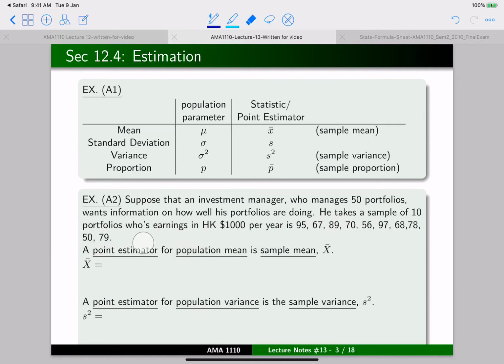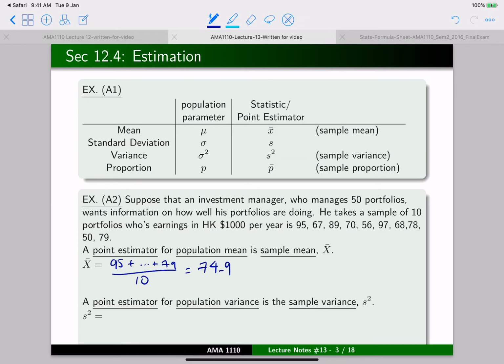What's a point estimator of the true population mean? Well, in this case, x bar is just the sum of the earnings of the 10 portfolios all the way to 79, and then we divide by 10. And you get 74.9.